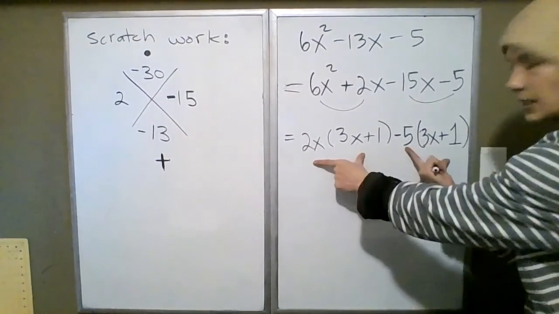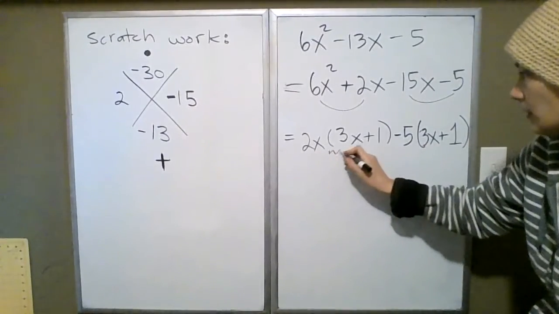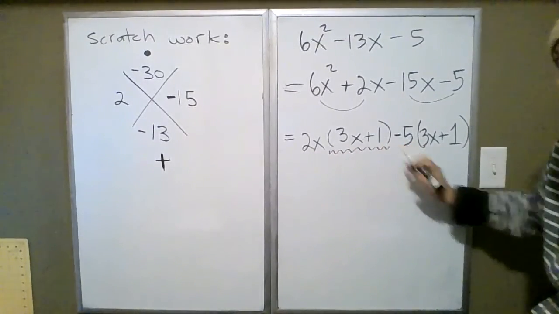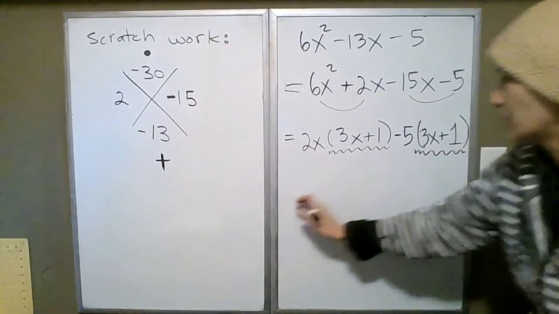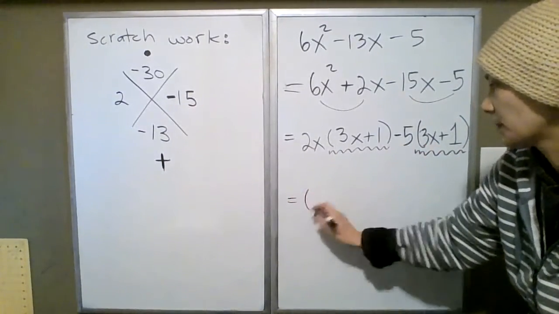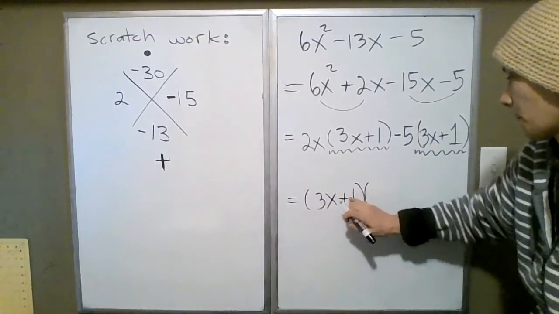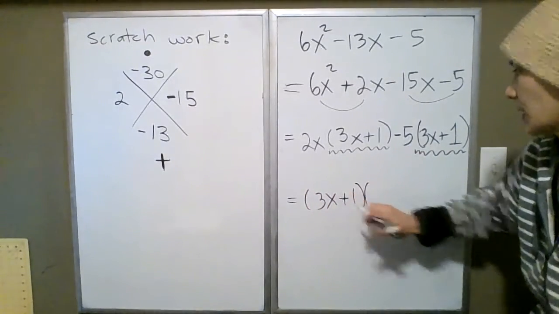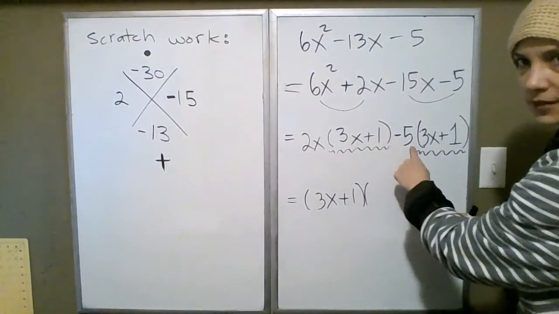And from this term and this term, we factor out 3x plus 1. This is common to both terms, so it's similar to greatest common factor. Factor it to the front. From the first term, you leave a 2x, and then you're going to subtract 5.